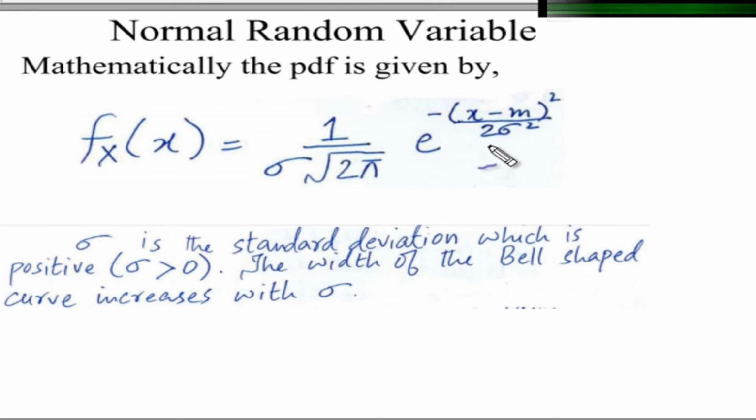This is the equation which is called the normal random variable, and you guys will use it very often, not only in this course but in the course of digital signal processing, in the course of communication systems, and in many courses you guys will use this equation very often. Okay, so it is important to understand the concept behind this random variable.